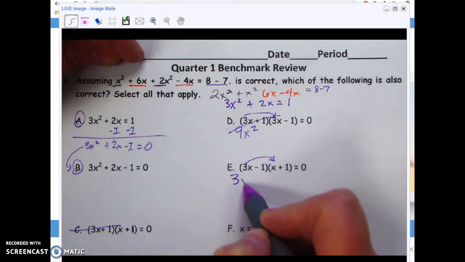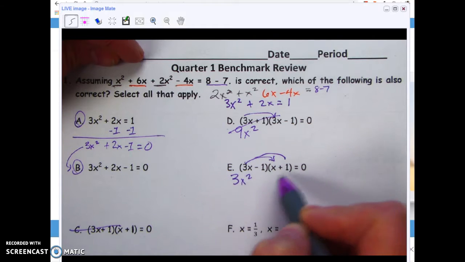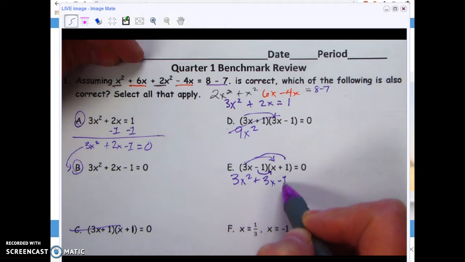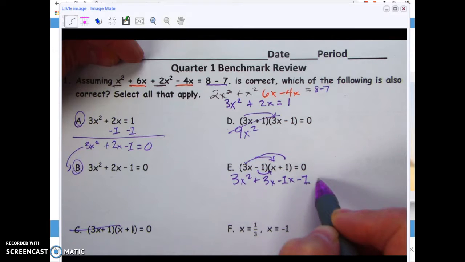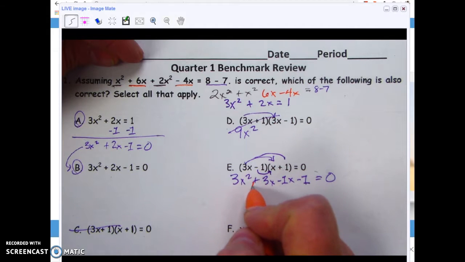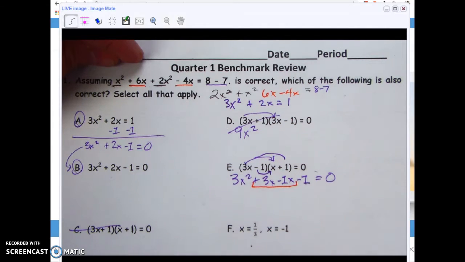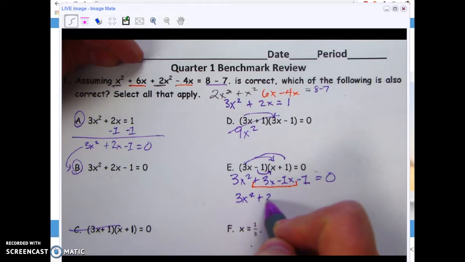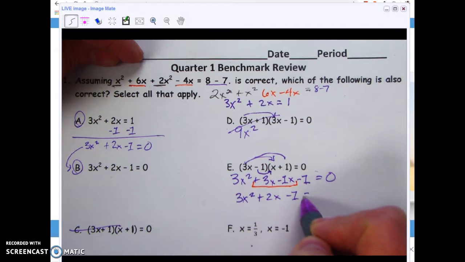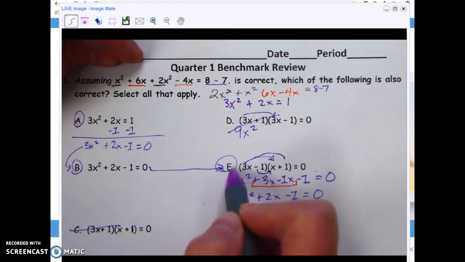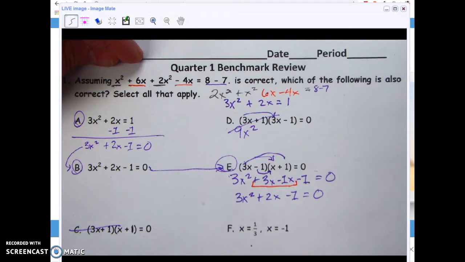That's going to give me 3x squared, and then 3x times 1 plus 3x, and then negative 1 times x, minus 1x, and then negative 1 times positive 1, minus 1 equals 0. Put my middle terms together here, and what have I got? 3x squared plus 2x minus 1 equals 0. It matches that. So this one is also an answer choice.